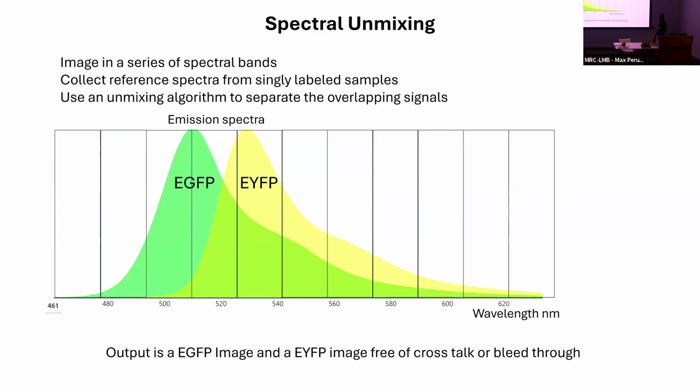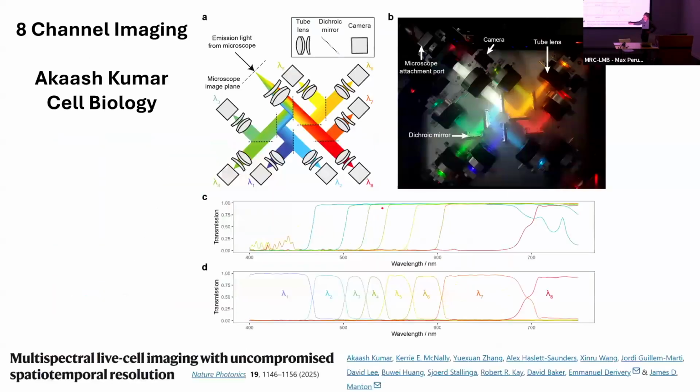So that was a property mostly restricted to the point scanning confocals, but recently, a PhD student in the lab, Akash, who's just graduated, has taken this into a camera-based system, an imaging version of this whole thing. And you can see a cartoon of his instrument. What this is, is a spectral camera.